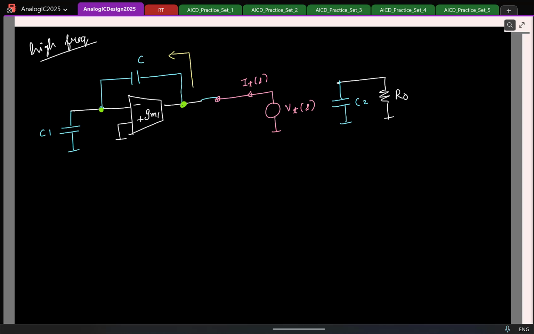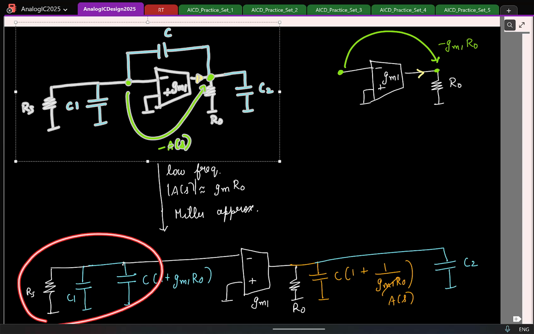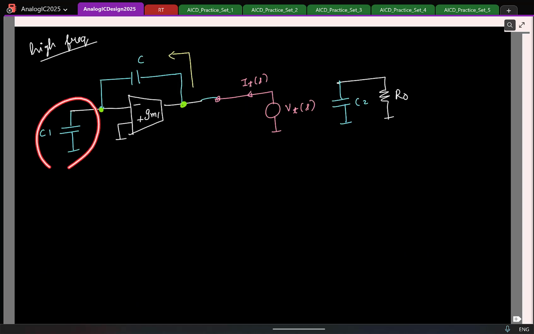If you ignore the conductance, then you don't get anything. On this side I know I have a low frequency pole, so for this side I can make the approximation that C1 will dominate compared to others. So coming to the current, this current can flow here.